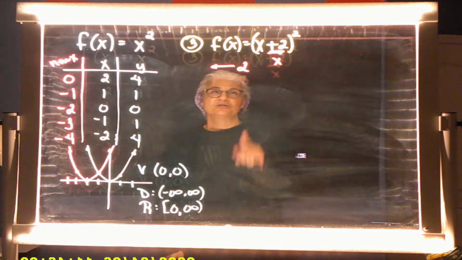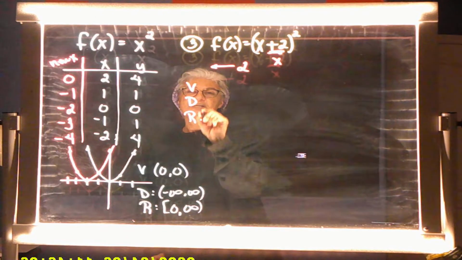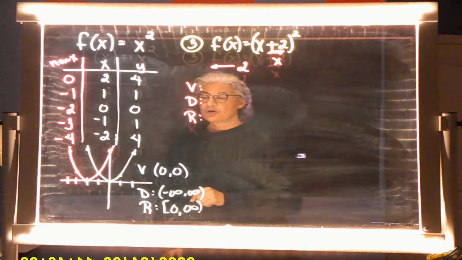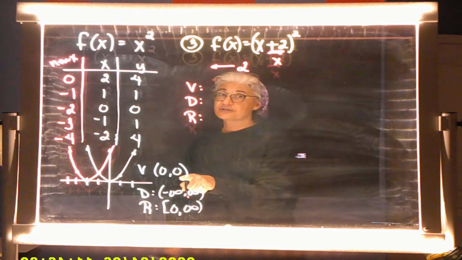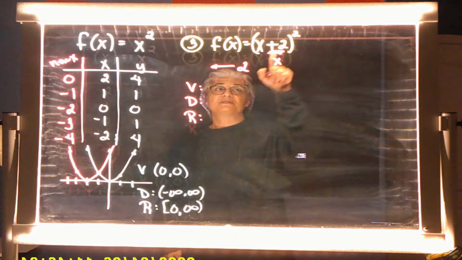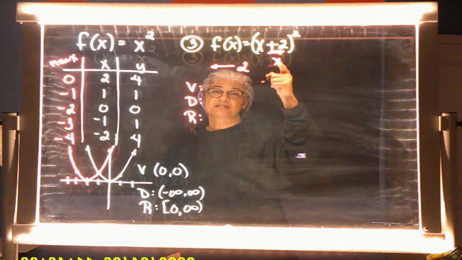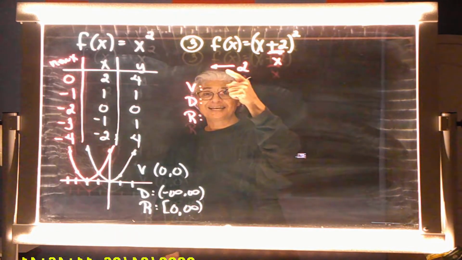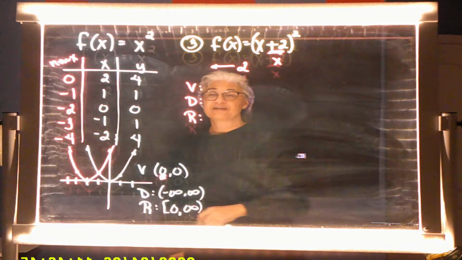So let's look what happened to the vertex, the domain and the range. Okay, the parent graph, which is the one in blue, the vertex is 0, 0. But this plus 2 affected your x's and moved them which direction? Yeah, left 2 spaces, which means your x's are being affected.